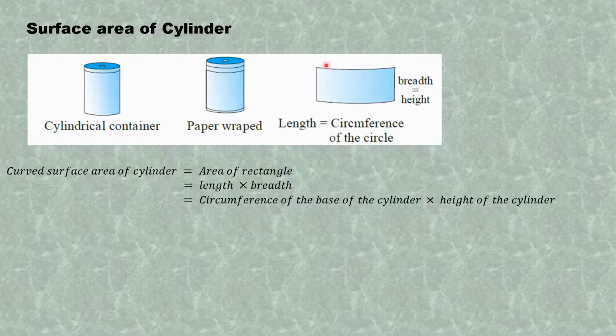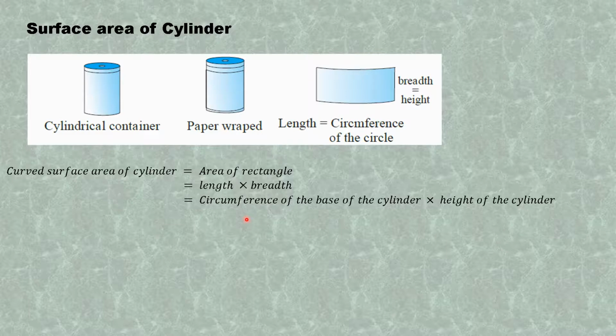And if you see, the length is the same as the circumference of the base of the cylinder, and the breadth is the height of the cylinder. When it was wrapped, it was a circle. So this length would be the same as the circumference of the base of the cylinder, and the breadth would be the same as the height of the cylinder.